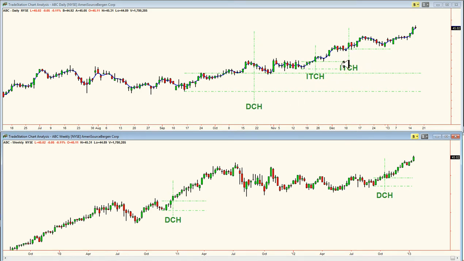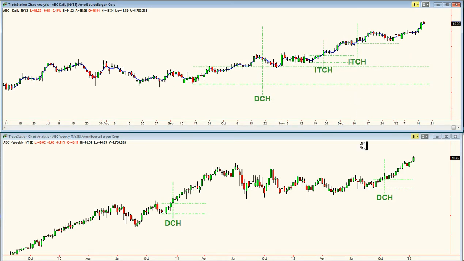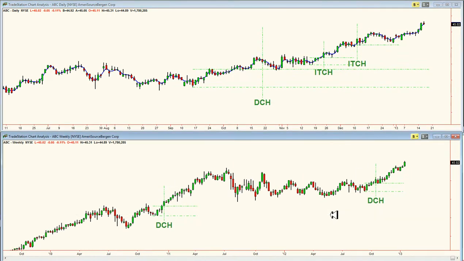And when we get a combination of these two, then we look for it to be a high possibility trade for a continuation in a trend. Now they're green when they're long and red when they're short, and we'll look at both of these as we go along here. We're going to look at several examples of bullish trades and several examples of bearish trades.